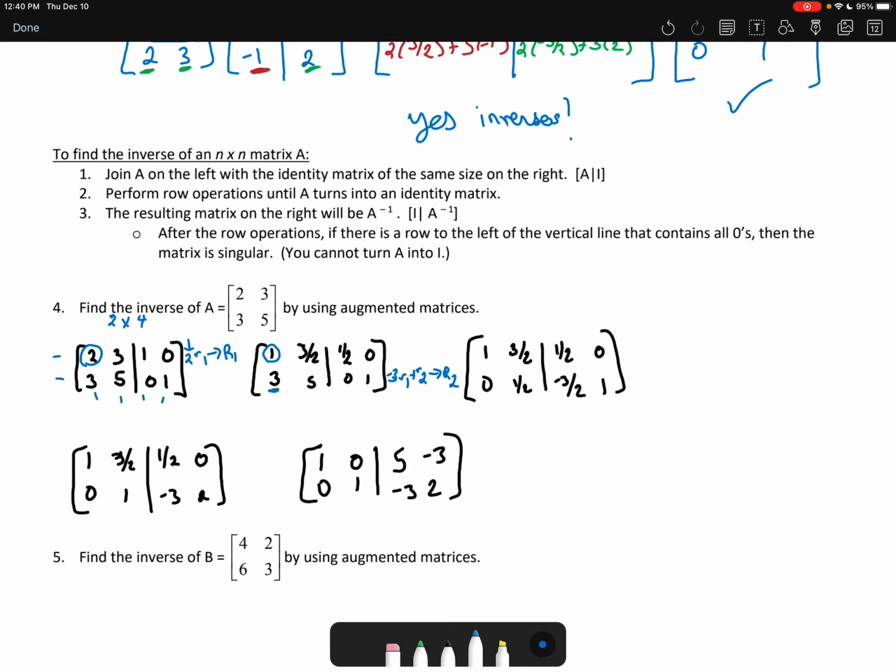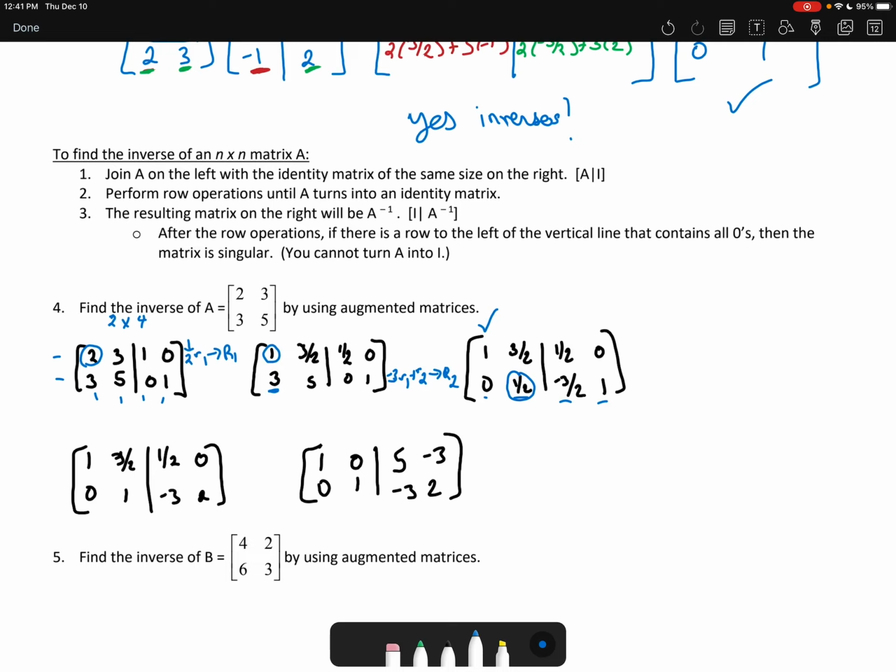And after we do that, our new row 2 will be 0, 1 half, -3 halves, and 1. What we've got there is this first column now completed with a leading 1 and then the 0 below it. So our next goal at that point will be to turn this 1 half into a 1.